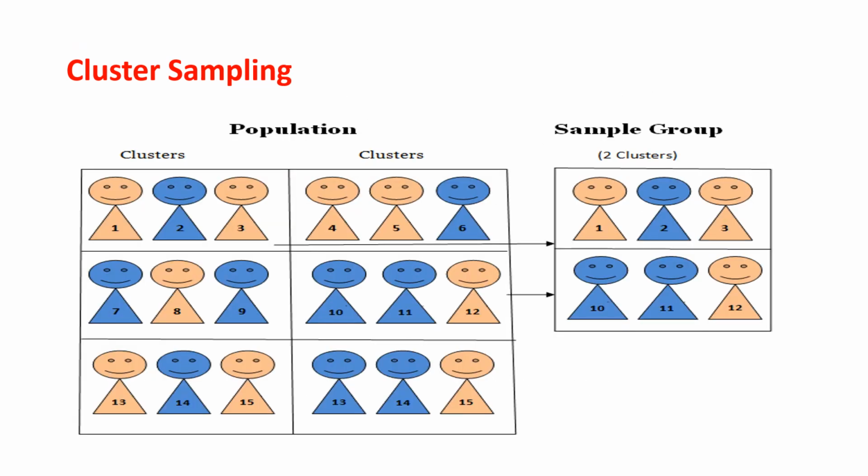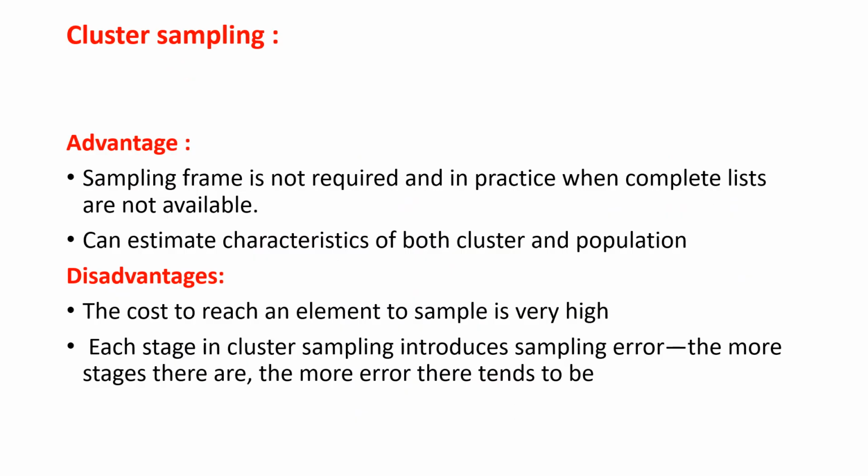So here we see in the population, we found 6 naturally occurring clusters. And from that, we decided to choose cluster number 1 and cluster number 4. And from this, we will choose our sampling units.